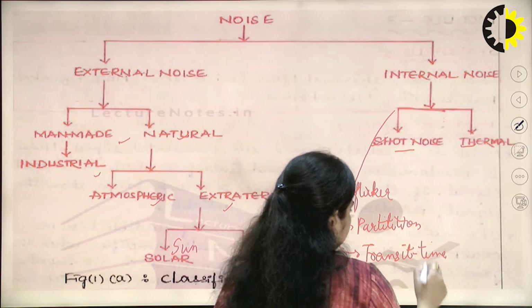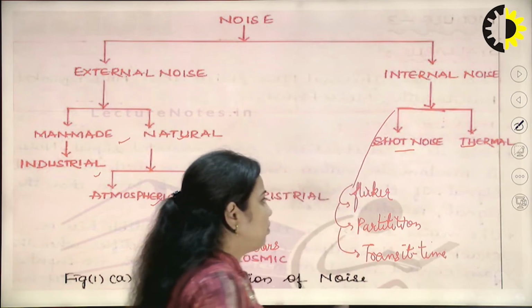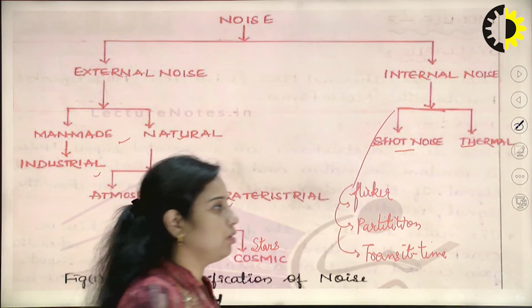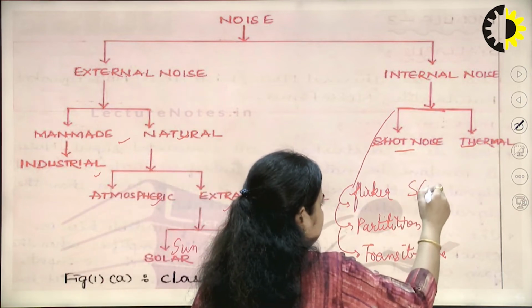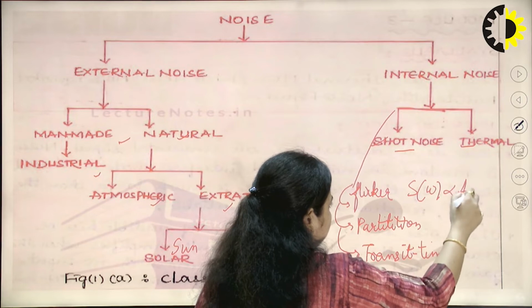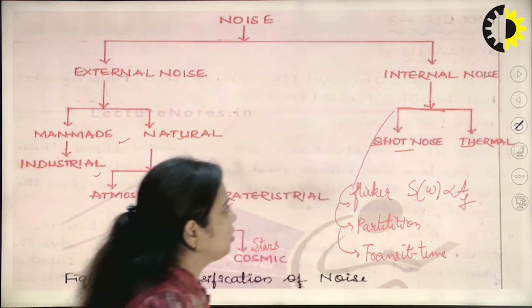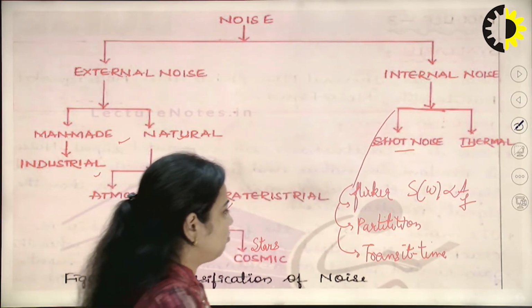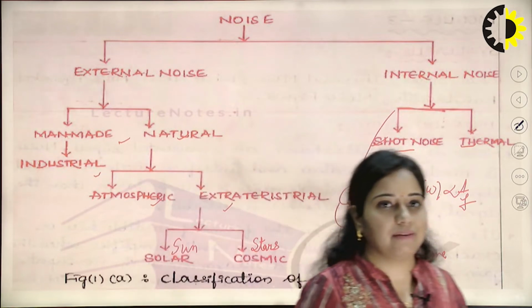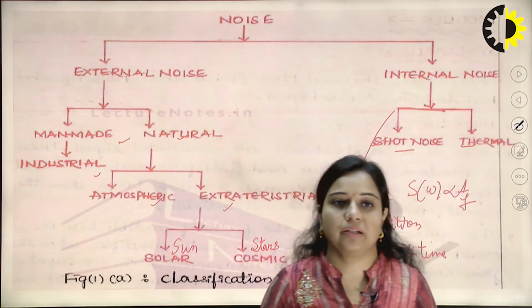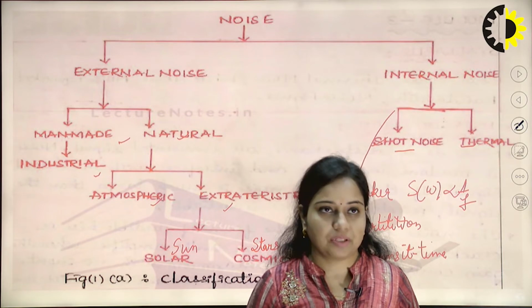Transit time noise is also known as high frequency noise, and flicker noise is known as low frequency noise, because its power spectral density is inversely proportional to the frequency. So, that is the case of internal noise. These are the different types of noise that affect the quality of the signal that a user will receive.